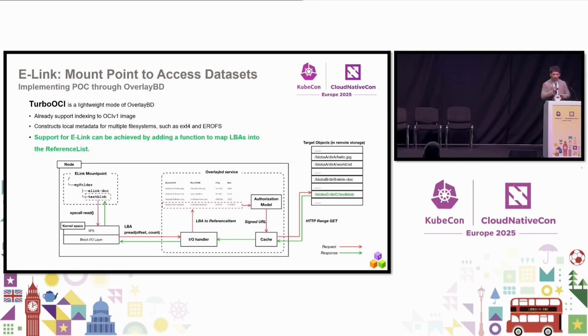OverlayBD has a lightweight mode called Turbo OCI. It already supports indexing to OCI images, and it can also build ext4 EROFS file system data from the image index locally. To support E-Link, we can just implement a simple function to map the I/O request into the reference list.